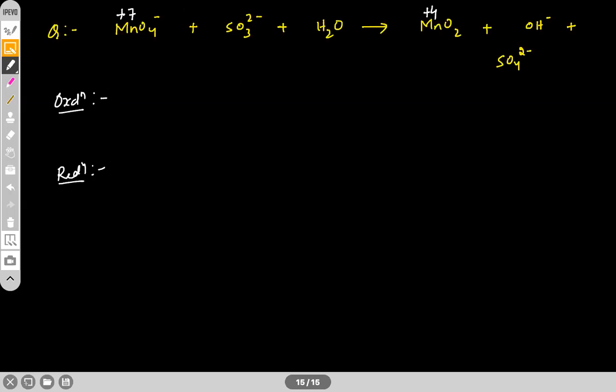The oxidation half is SO3 2 minus converts into SO4 2 minus. Now, OH minus is given here, you see. OH minus is a base. If it is not given, then it will be mentioned: consider acidic medium, basic medium, like that. Okay? OH minus is basic here.